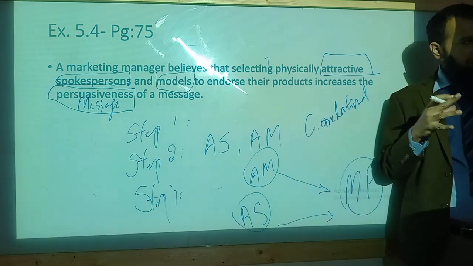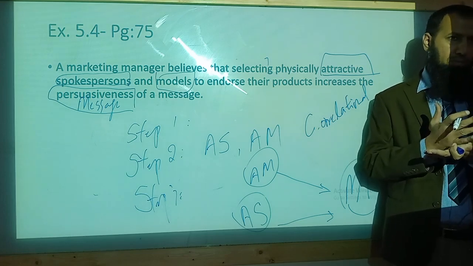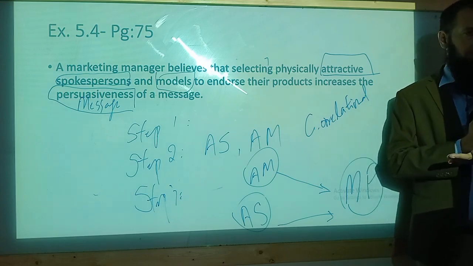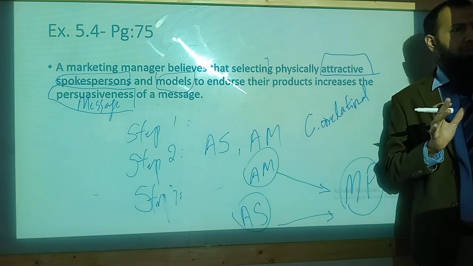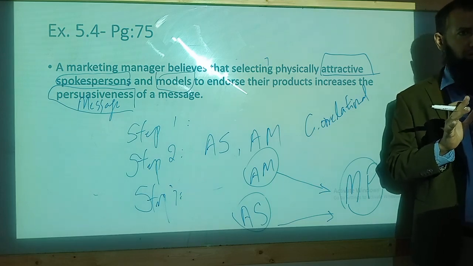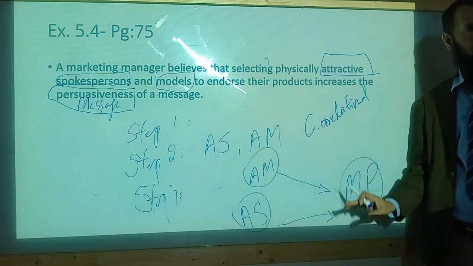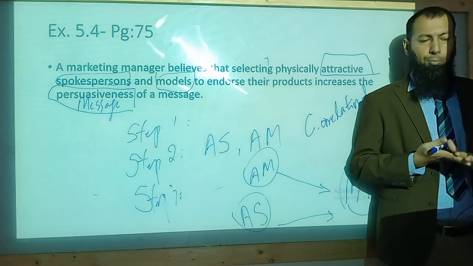But in cause and effect, we are truly checking the relationship between 2 variables, without any other variable inclusion. So cause and effect would never have more than one variable. Okay, got it?